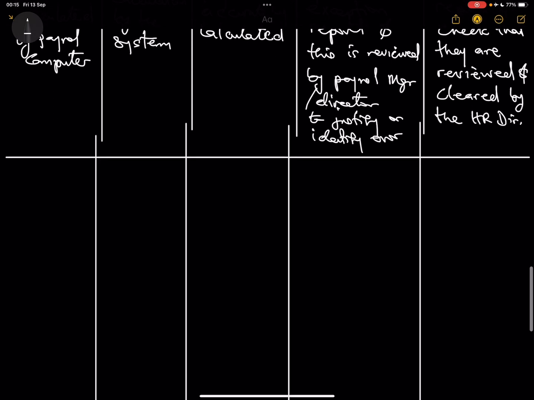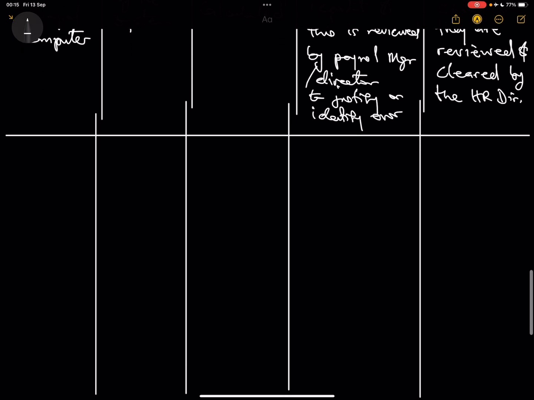Now, salary has been calculated. We need to pay. So employees are paid. That is the real essence of this process. We want to pay employees. So that's the last stage. Employees are paid. And you already know what can go wrong, because I'm sure if you are listening to this, you must have worked somewhere before and you don't want to experience shortfall in payment.